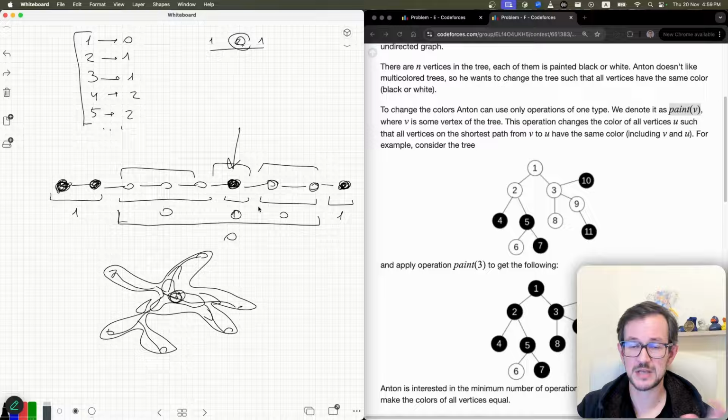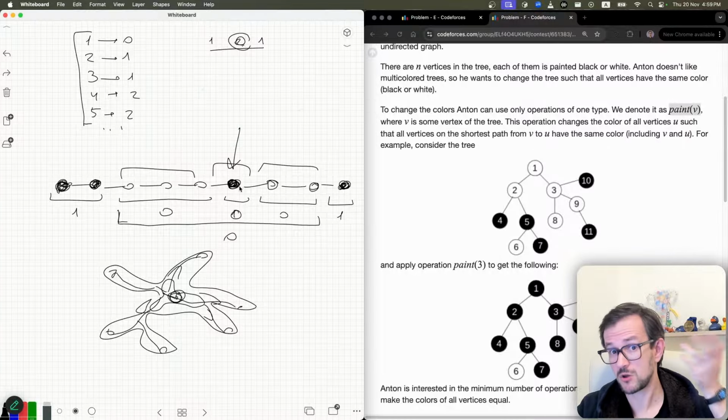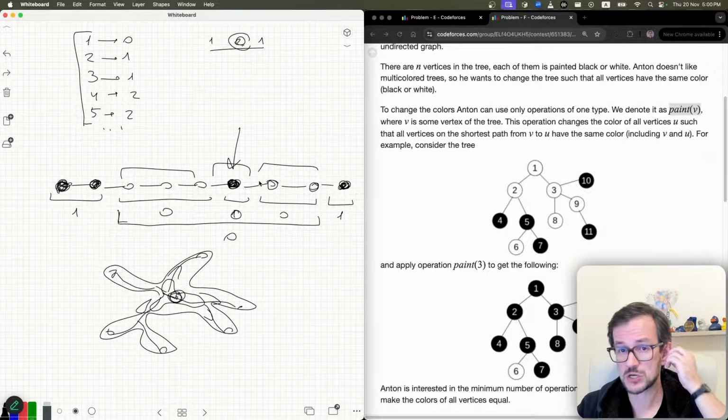So basically do the same as for the chain, but for the tree. You start with some center node and apply this operation until you're done. What should this center node look like? By this picture, you can clearly see that it is kind of the middle in some sense.